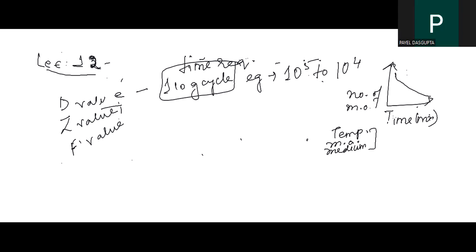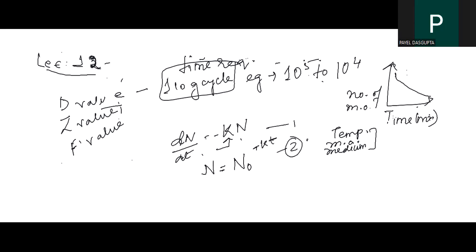Next, we have the function dN/dt equals minus kN, where k is the thermal death rate constant. Integrating, we get N equals N0 e to the power minus kt. This is your second equation, and the other is your first equation. The time is t equals D log N0/N.